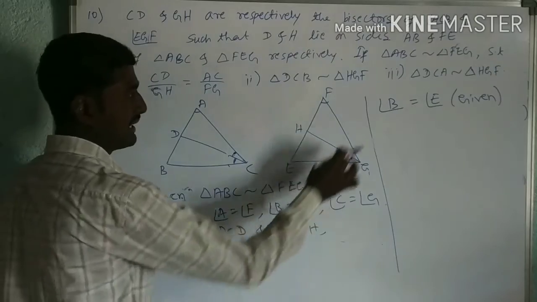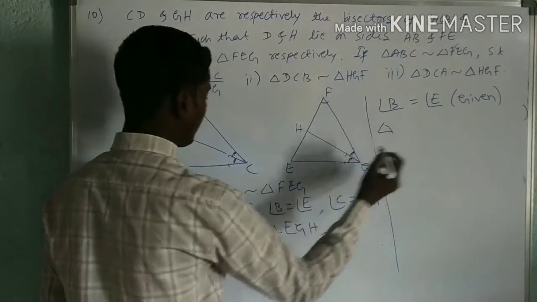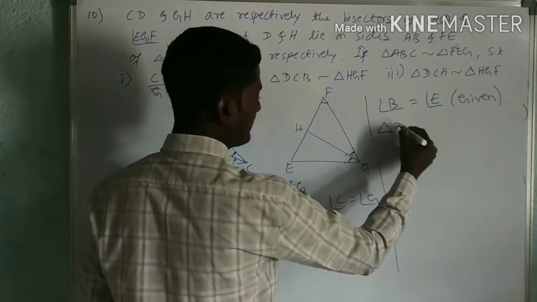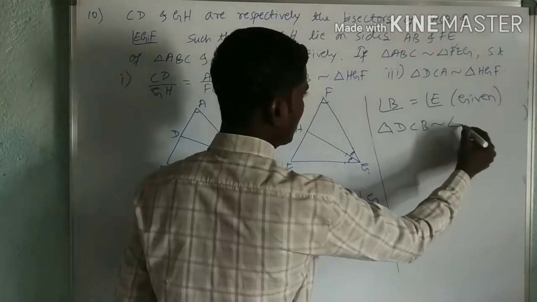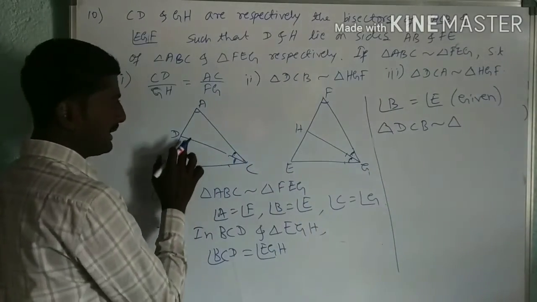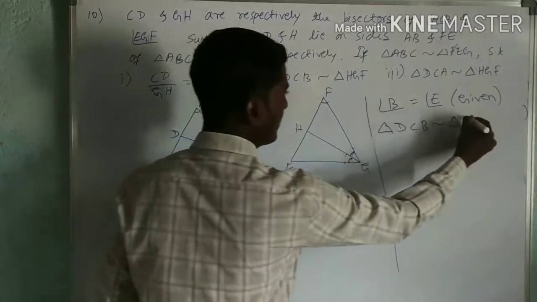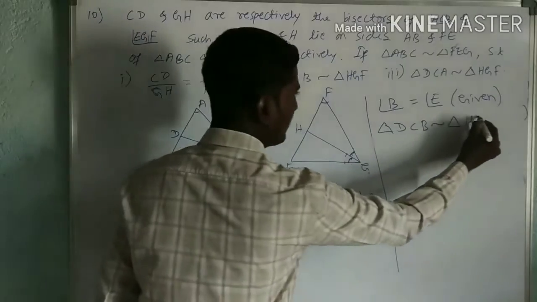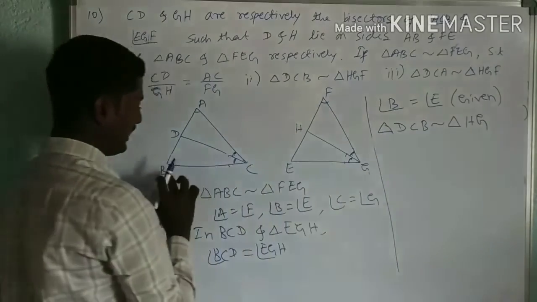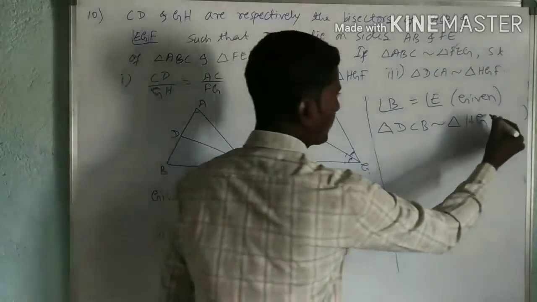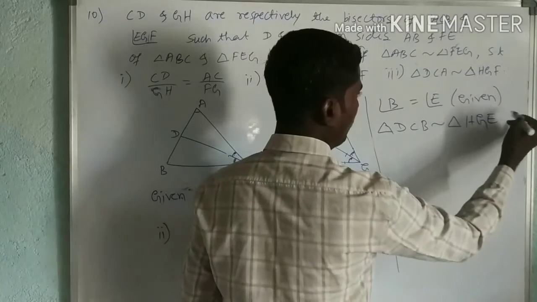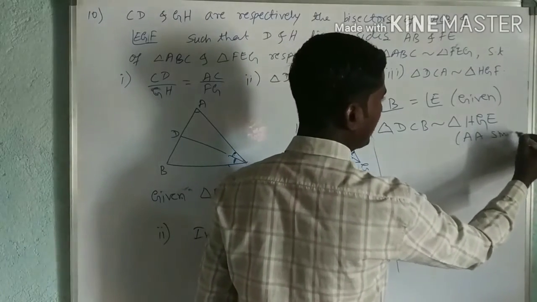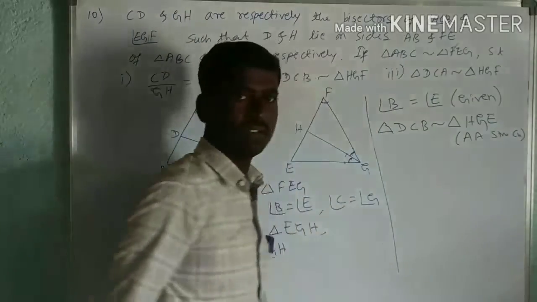Again by AA similarity criterion, triangle DCB is similar to, for the angle D, that is H they have given, for the angle C, it is G, then for the angle B, it is E. Okay, because of the AA similarity criterion.